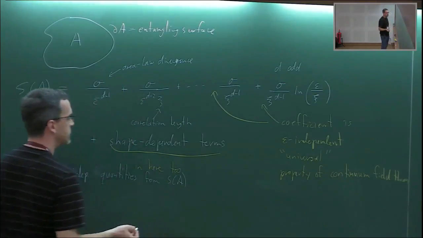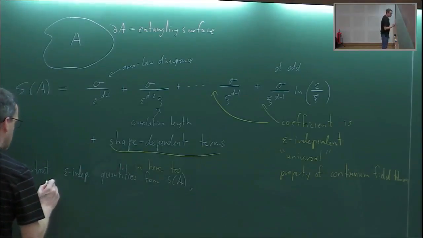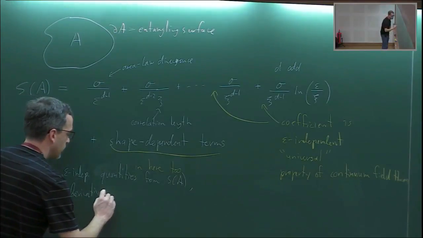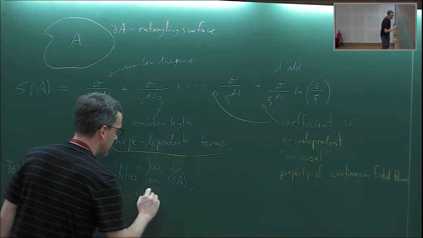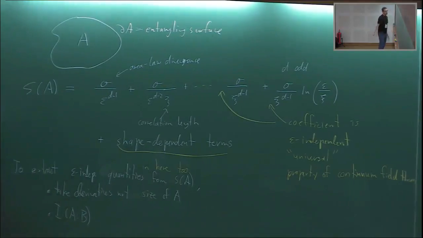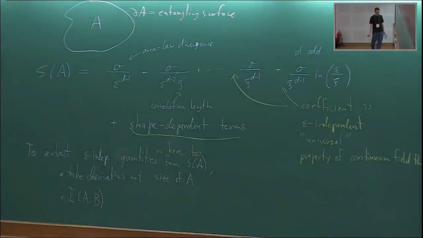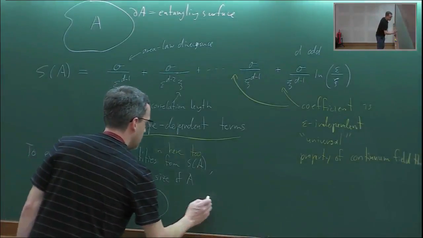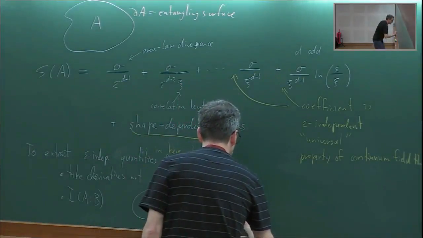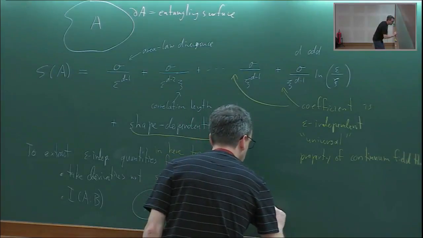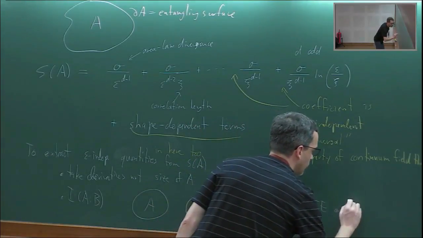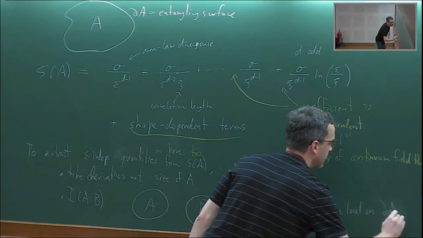There are various kinds of subtractions you can do. You can, for example, take derivatives with respect to the size of A, or you can look at some quantity where it's explicitly subtracted, because it turns out that all divergent parts of the entanglement entropy are local on the entangling surface.